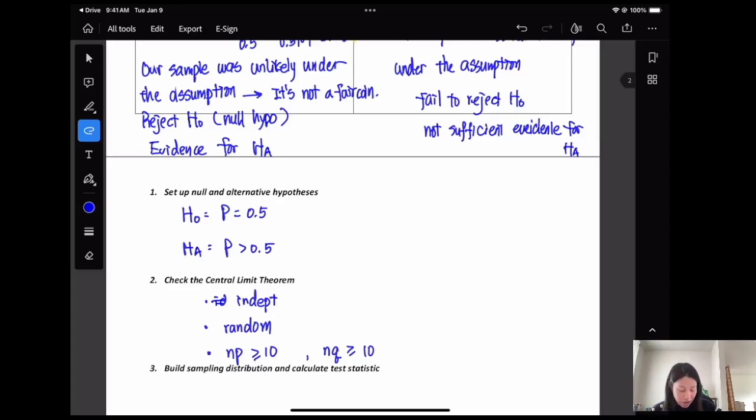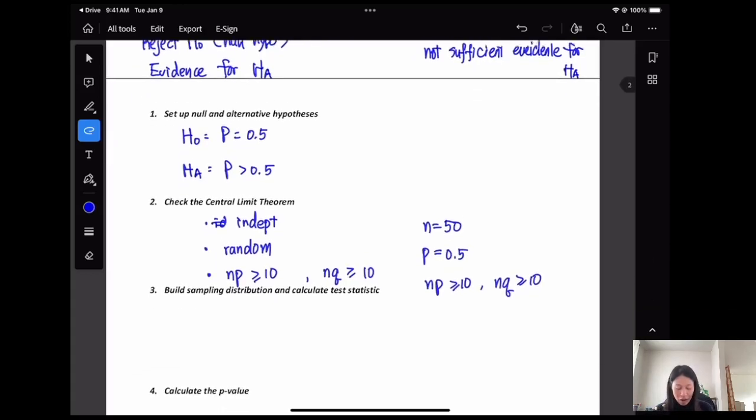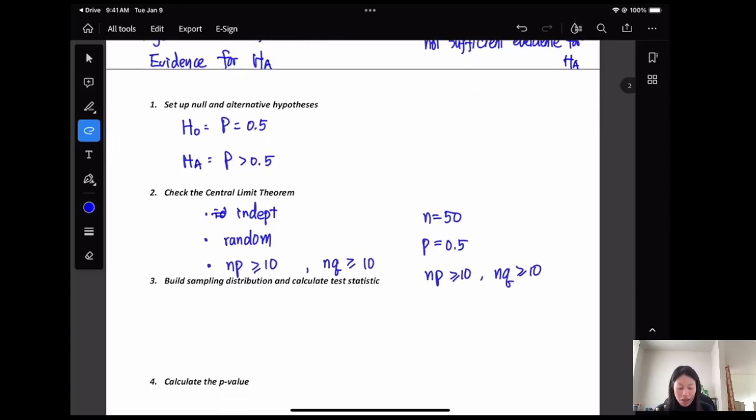We check that since our sample size equals 50 and p equals 0.5, so np is greater than or equal to 10, and nq is also greater than or equal to 10. The third step is we build the sampling distribution and calculate the test statistic. There are two ways to do it.